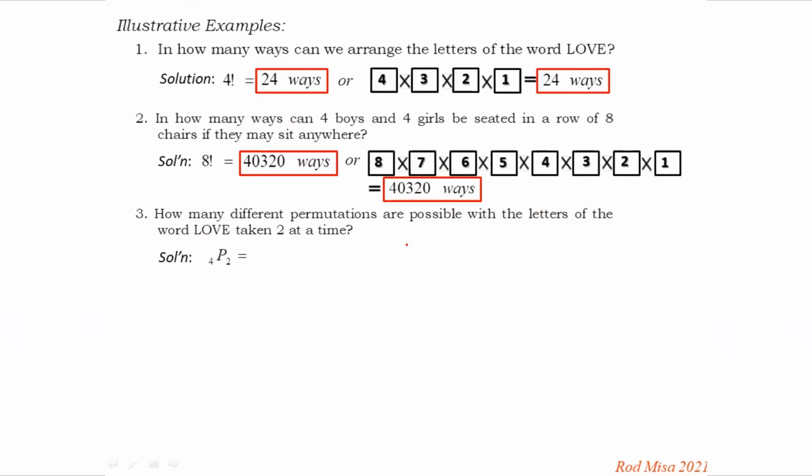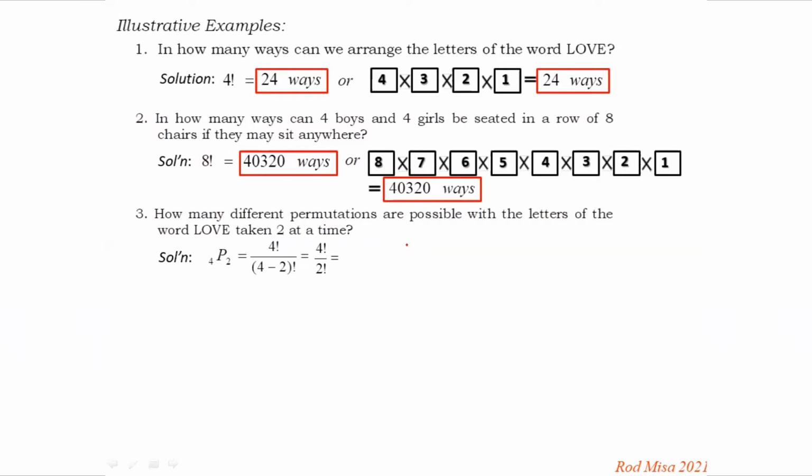But using our theorem, this is the permutation of 4 letters taken 2 at a time. And we know that the formula of this is 4 factorial divided by 4 minus 2 factorial. Since our n is 4 and our r is 2 here. So we know that this is 4 factorial divided by 2 factorial.